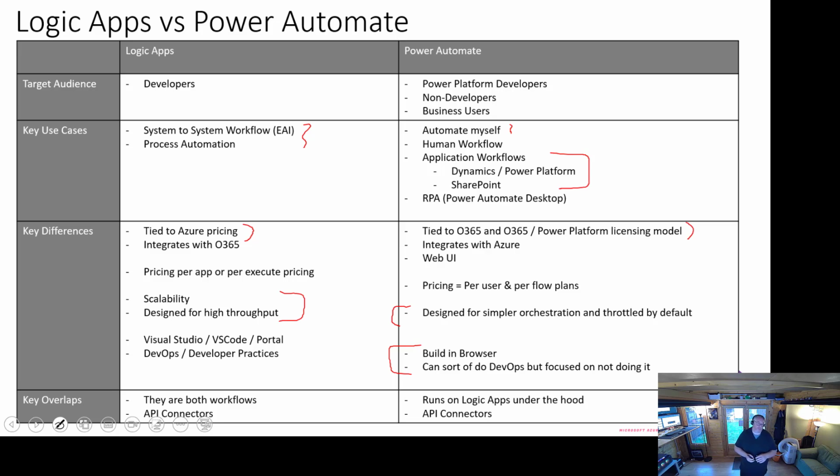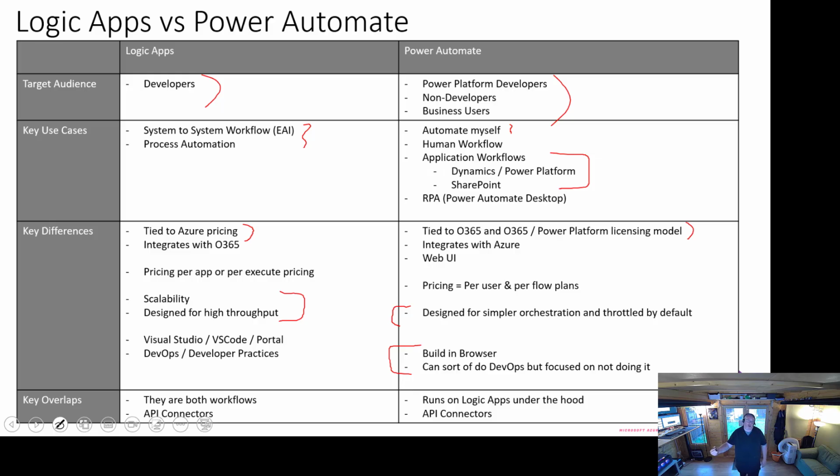So you get all of the deployment practices that you're used to with function apps come into play at this point. There's a few extra things that you have to do specific to Logic Apps around the configuration models and stuff, but there's lots of practices that a developer is used to. It all ties back to this target audience at the top. If you're a developer, Logic Apps is going to have lots of the DevOps experience things you're used to.